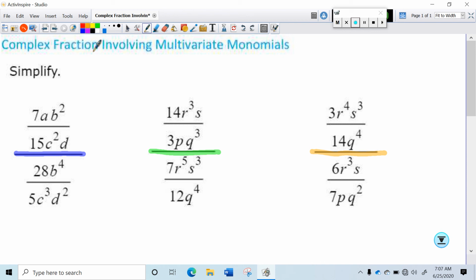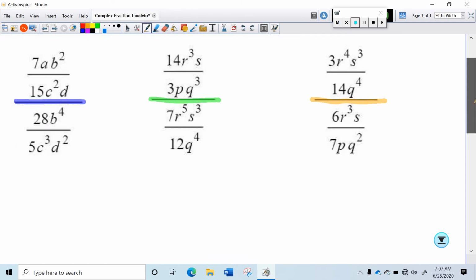I am going to make a fraction. Let me move this down a little bit. I'm going to make a fraction here, and everything that's on the outside is going to go on the top of that fraction that I made.